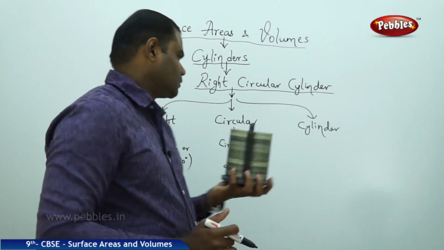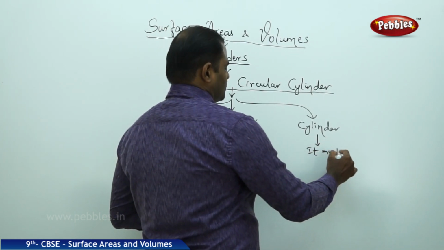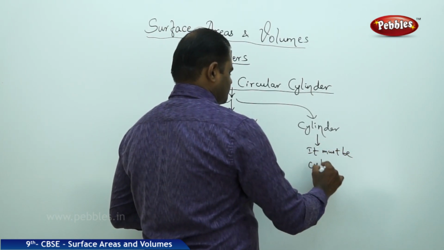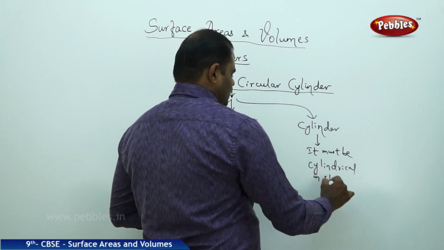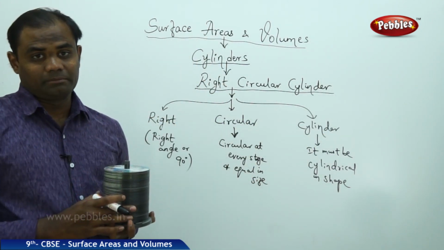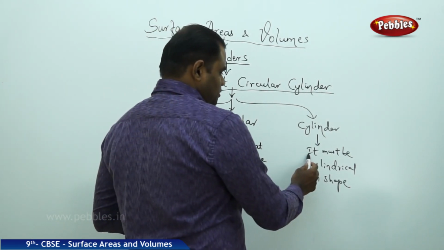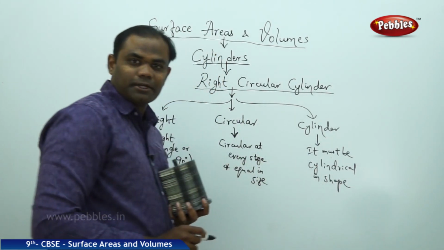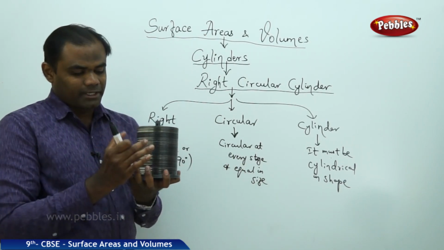So this is how it looks. It must be cylindrical in shape, as we see here. Therefore, a right circular cylinder is a three-dimensional solid which is in the cylindrical shape and which has circles that are equal in size at every stage.